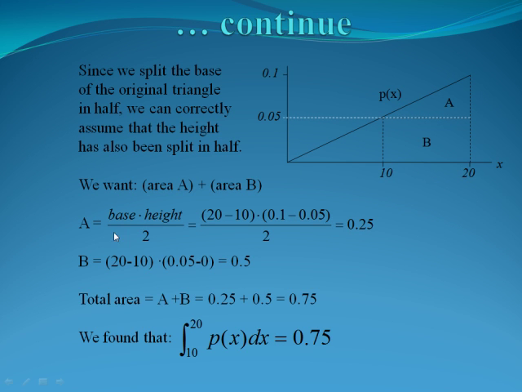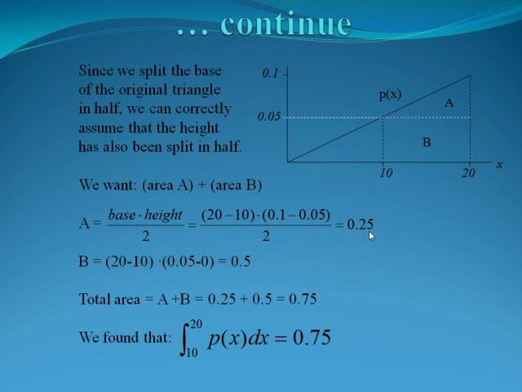The area of A is going to be a triangle, so we're going to do 1/2 base times height. My base goes from 10 to 20, and my height is going to be the difference from 0.05 to 0.1. That's represented on the top here, and then we divide it in half, which gives us 0.25.